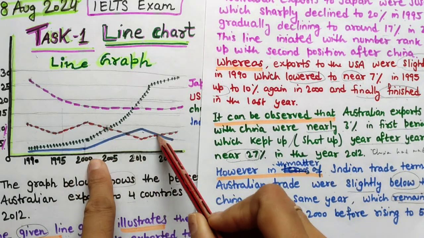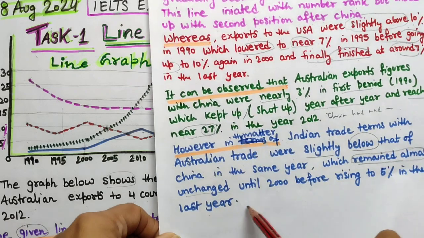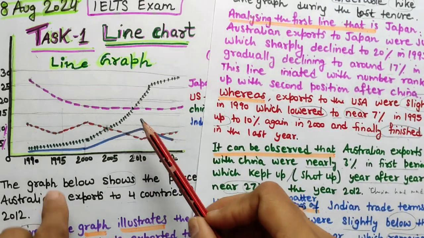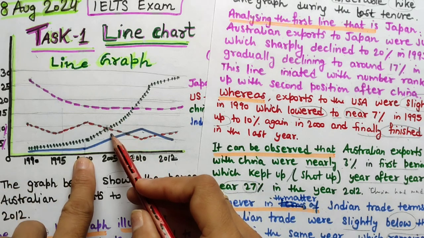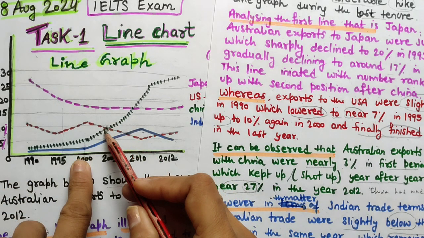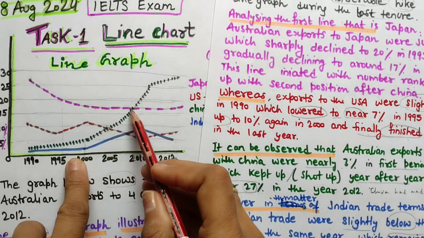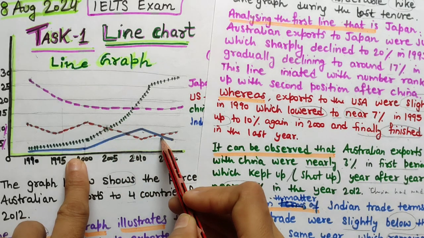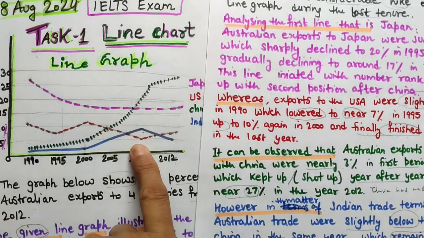That's what we have given. Another important thing you can mention is that the lines intersected at three points, no, four points: one, two, three, four. You can write about these intersection points also if you want.